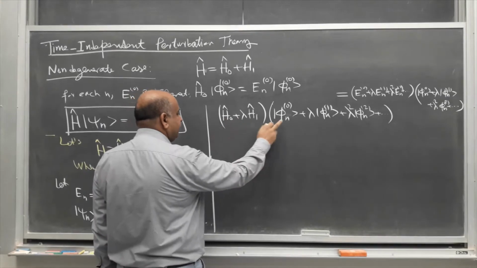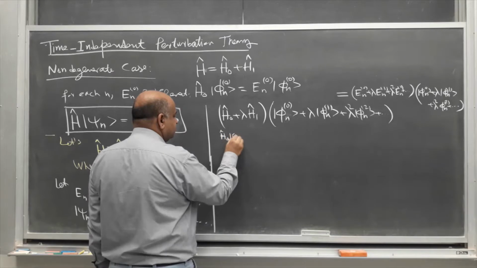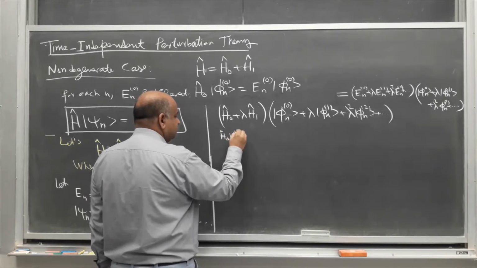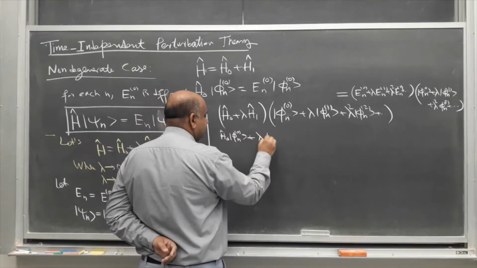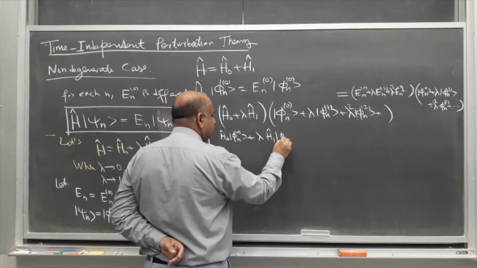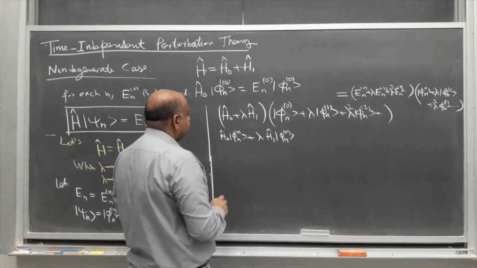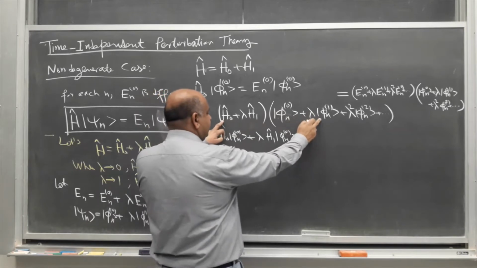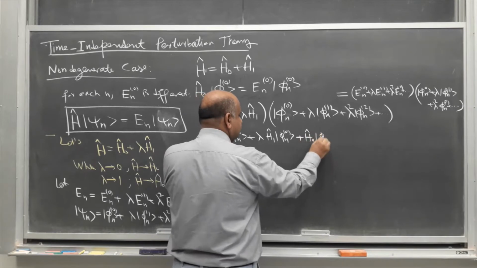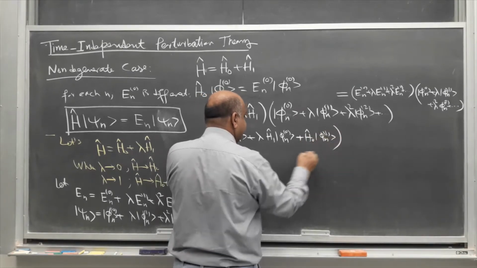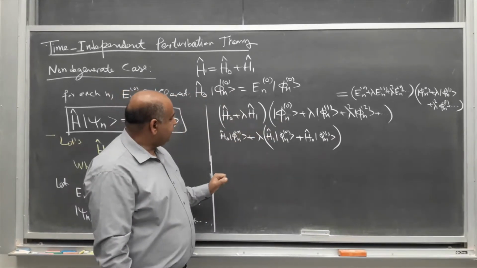Here I get H0 phi n0, and then with this one I get lambda H1 phi n0. Then this H0, if I apply here, I get lambda H0 phi n1, and let me take lambda common from both of these terms. There's no other product term here that has lambda in it.